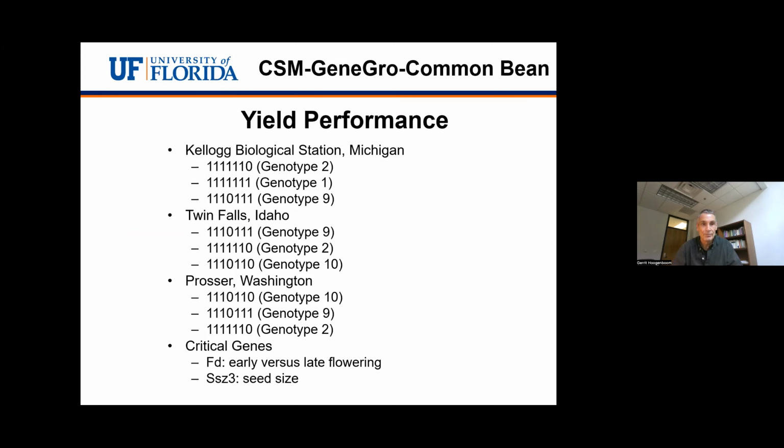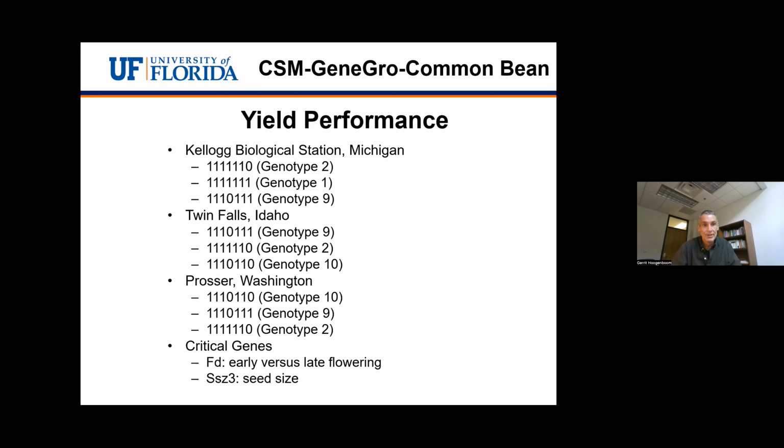So we did it also for Twin Falls, Idaho, for Prosser, Washington, and then we can actually look at the rankings, and we can see that for these different locations, even though they are quite different, we still see that some of these genotypes, especially genotype number 2 and genotype number 9, were in the top 3 rankings for all 3 locations.